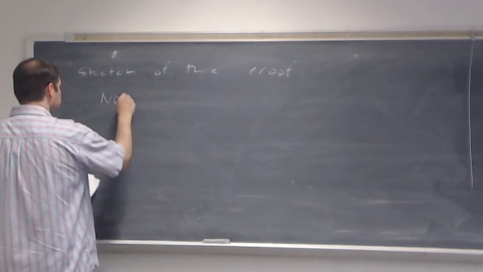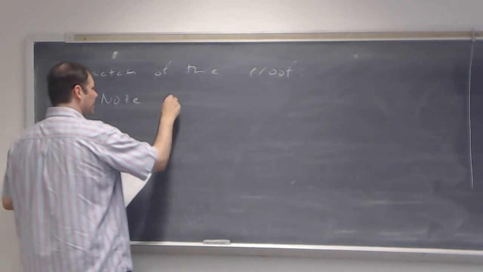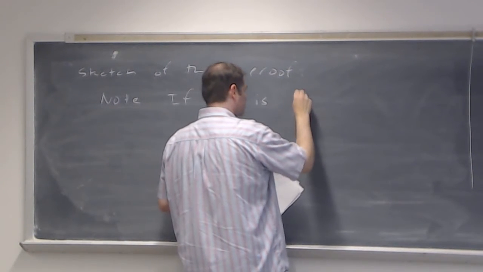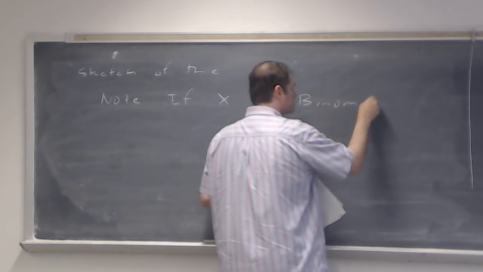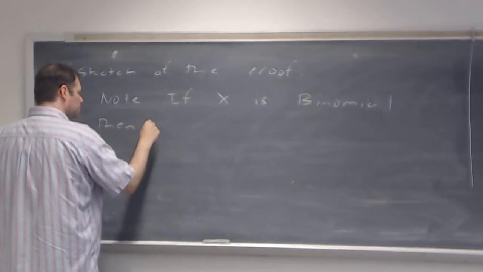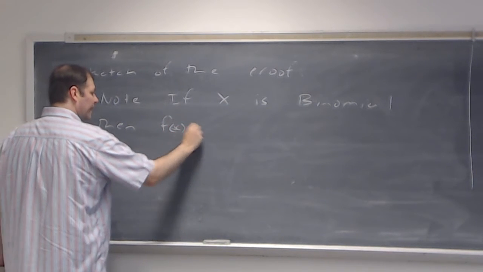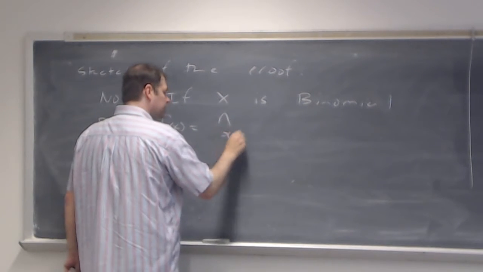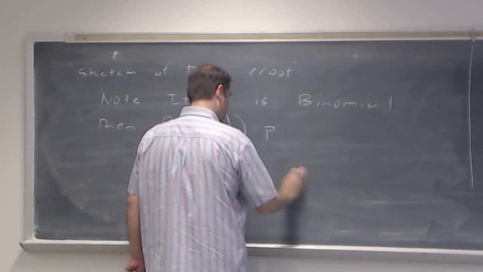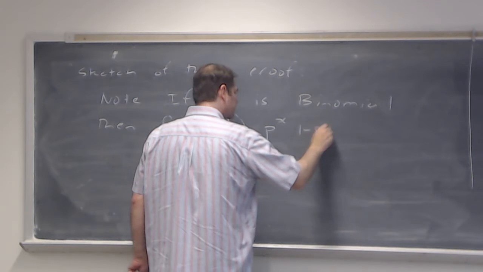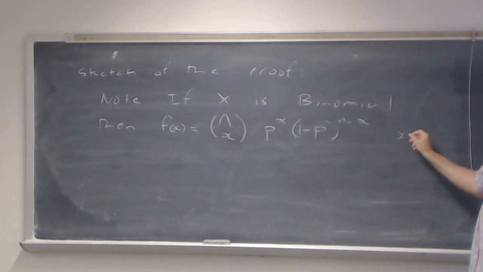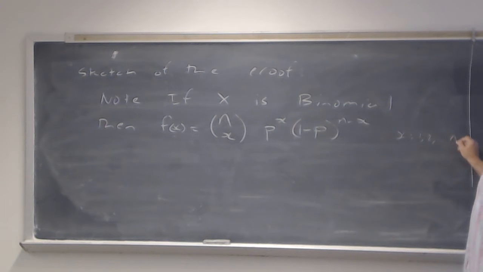Note, if x is binomial, then the PMF, f of x, is equal to n choose x, p to the x, 1 minus p to the n minus x. And here again, x runs from 0 all the way to n.